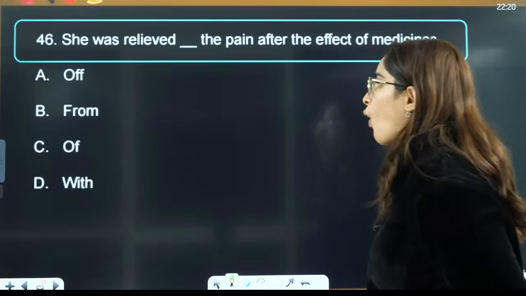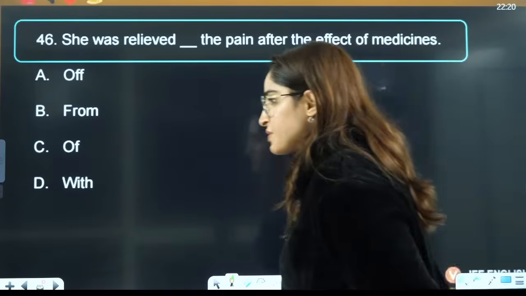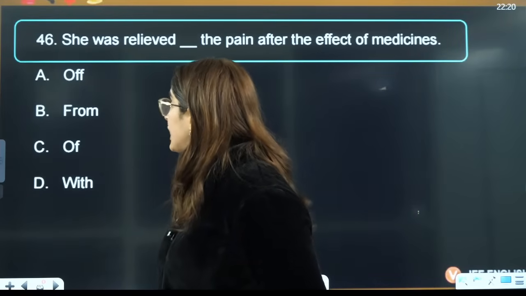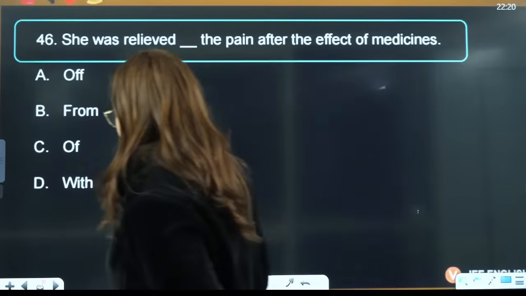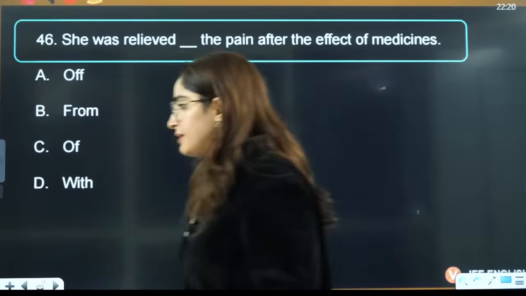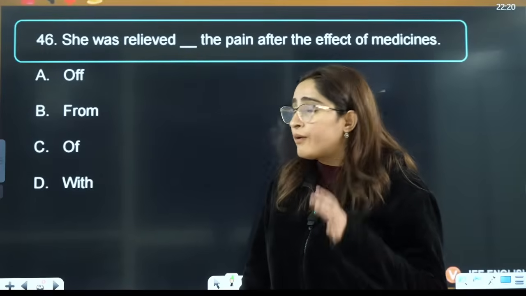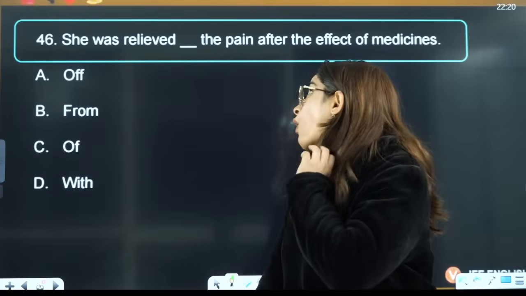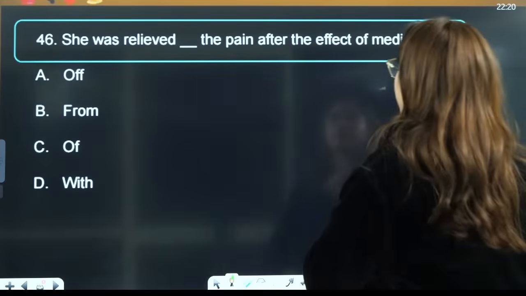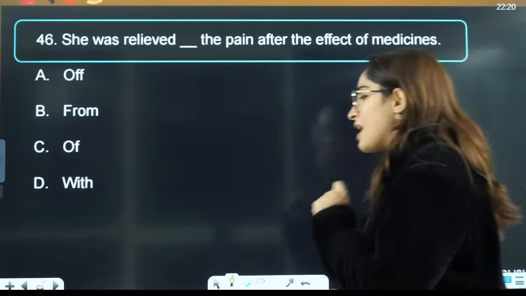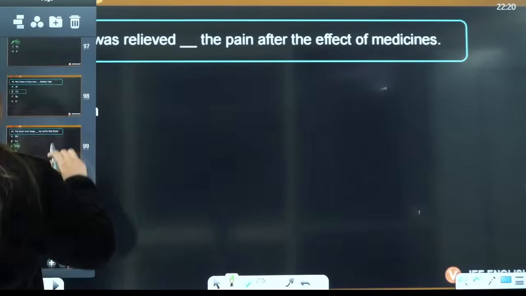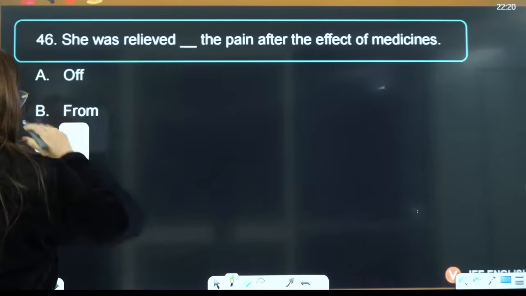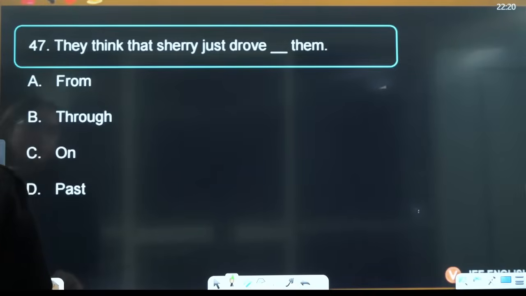She was relieved of the pain. We say she was relieved of something, right? Now here the confusion can be a little bit about she was relieved of the pain, she was relieved from the pain, after the effect of medicine. I would say from would be a better answer here. So we will choose from here, right? She was relieved from the pain.